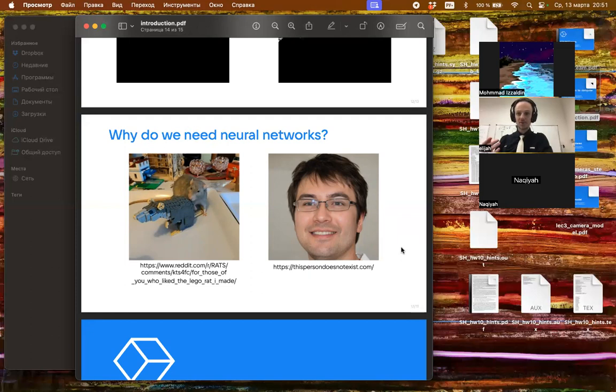And the neural network can do that using only the data. And on the right, we have an image of a person that was generated using a neural network. So this person doesn't exist, and the name of the website says so. If you visit this site, you can just refresh the page and the neural network will generate a new face each time you do that.